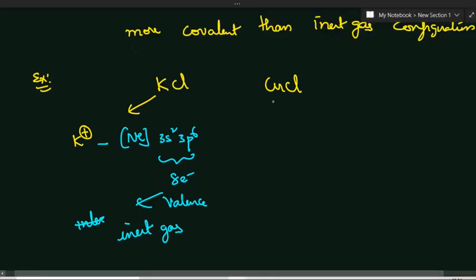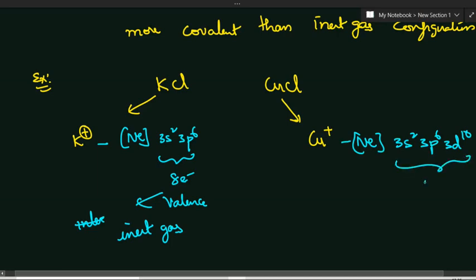And if I write the configuration of Cu plus, that is neon 3s2 3p6 3d10. So in the valence shell there are 18 electrons. This is called as pseudo inert gas configuration.